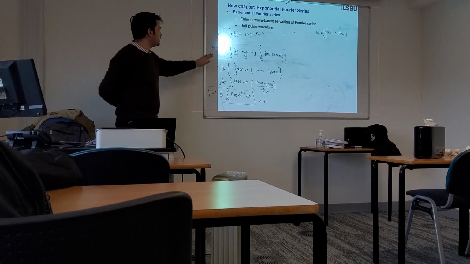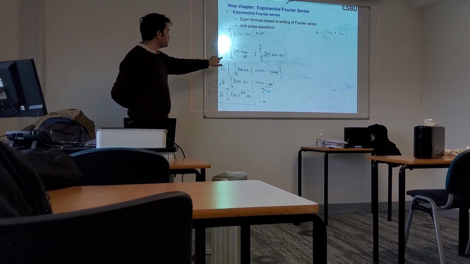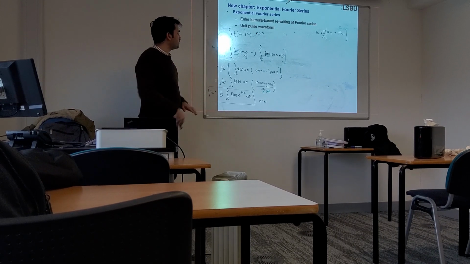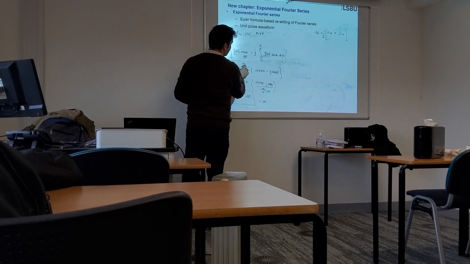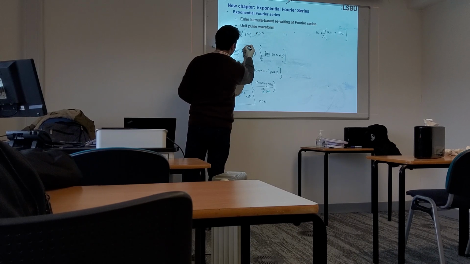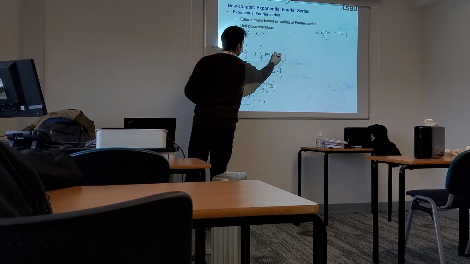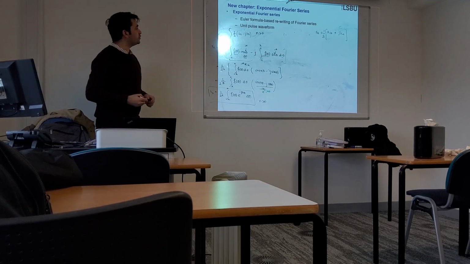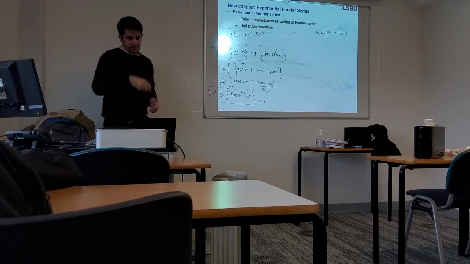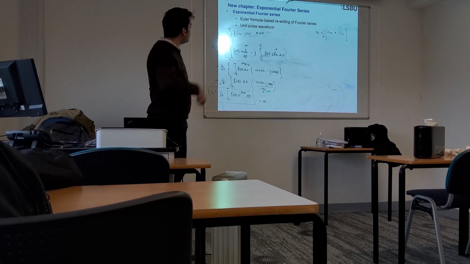There is no difference between this equation and the other equation. This equation we know is for an. So what would be the equation for a minus n? Just replace this n with minus n, replace this n with minus n, and you will get the equation for a minus n. And the same you have to do for bn. And then tell me what you get as your answer.